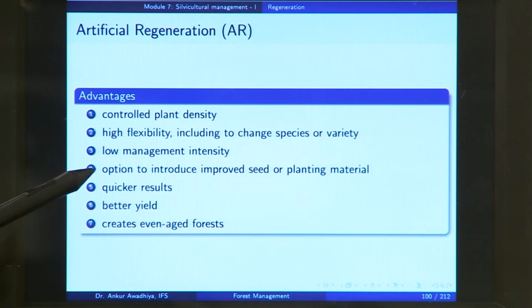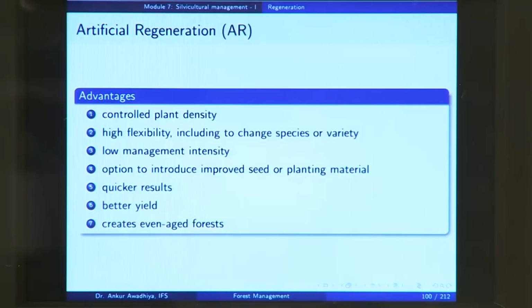There is option to introduce improved seed or planting material, which you did not have in the case of natural regeneration or ANR. The results are quicker, because in this case the establishment also is quicker, because what you are doing is you are taking your seeds, you are growing them in a nursery, you develop seedlings, and then you keep your seedlings in the nursery for say 2 or 3 years.